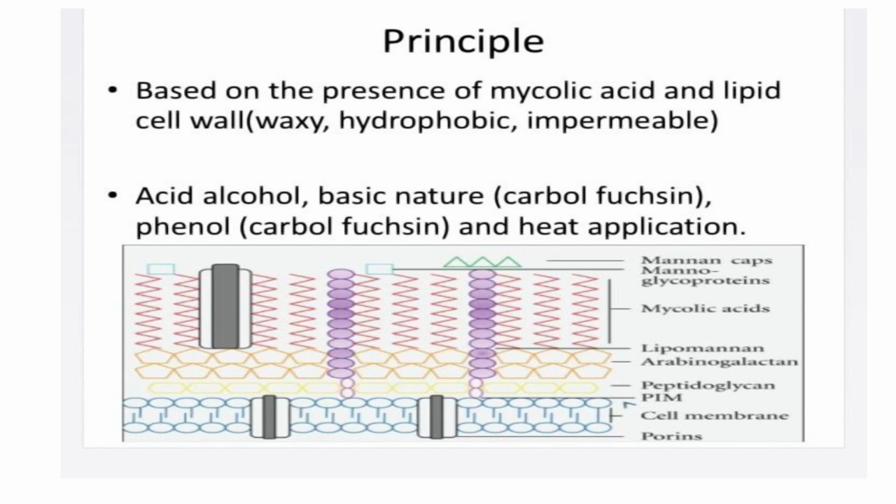In order to break down these characteristics and allow them to be stained, we have carbofuchsin, which has phenol that acts as a mordant, and it is a basic stain which interacts well with the acidic part of the cell wall of these mycobacterium species.